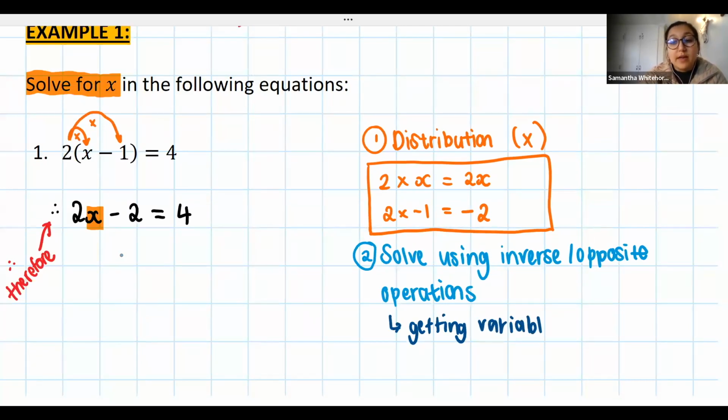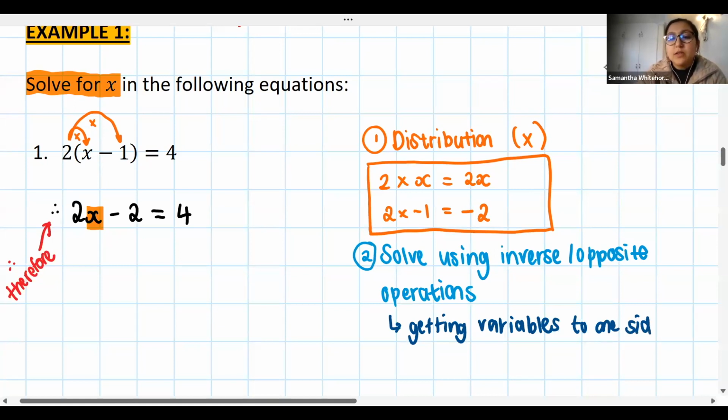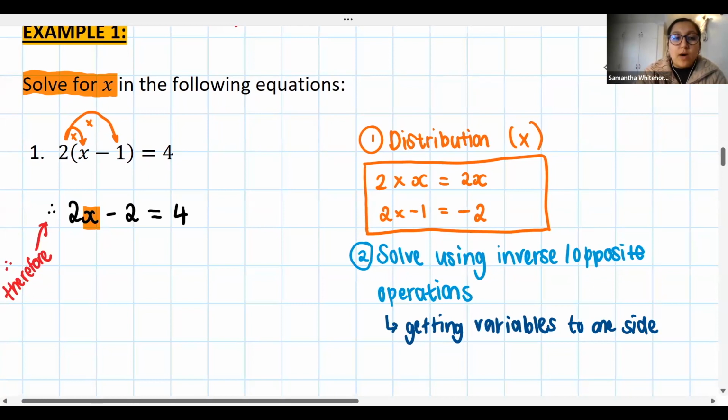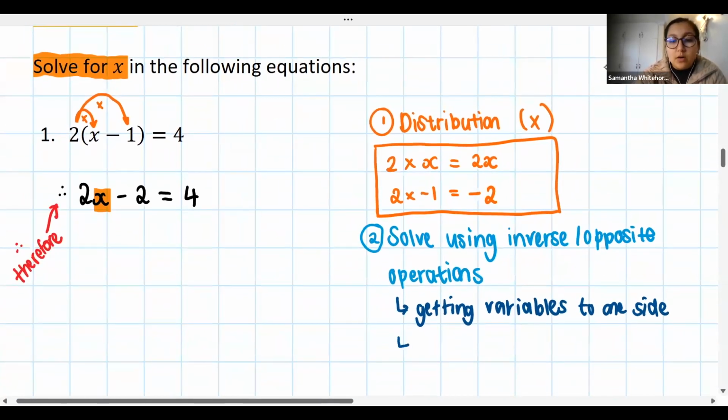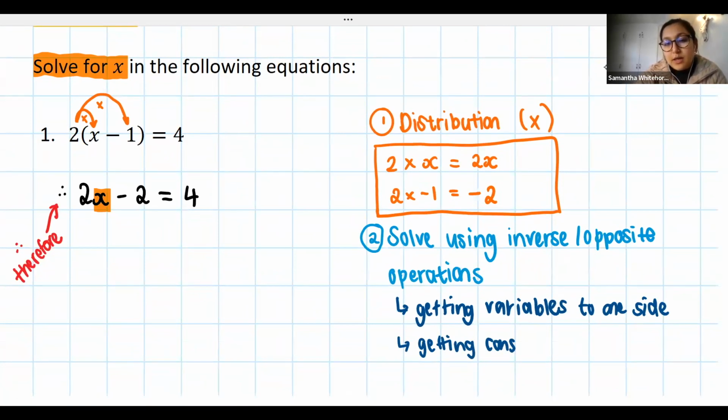I always put mine on the left. It doesn't actually matter what side you put them on, but I always put them to the left just so that it's always x equals. So we get our variables to one side, and then we get our numbers, or our constants, to the other side.